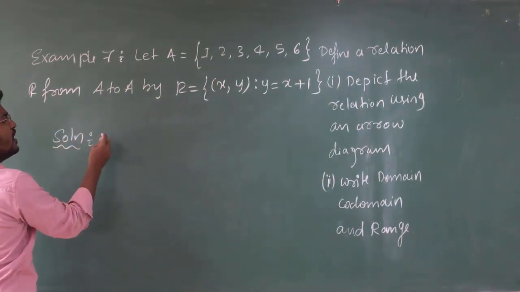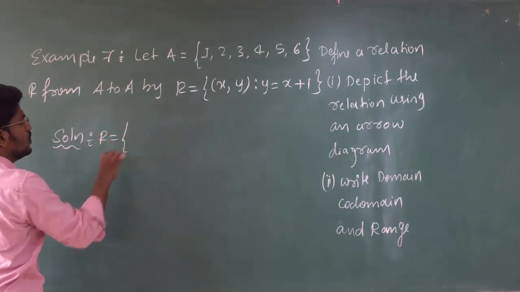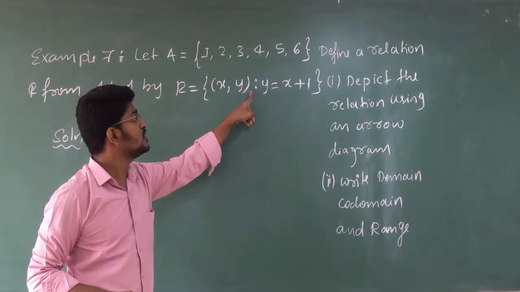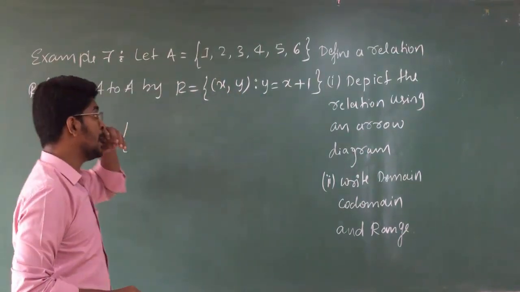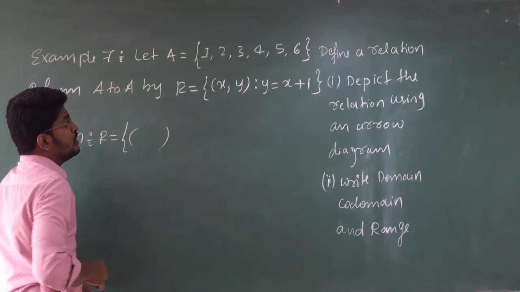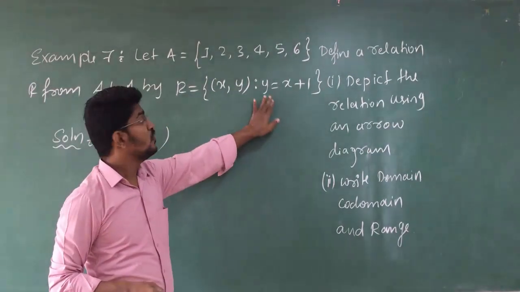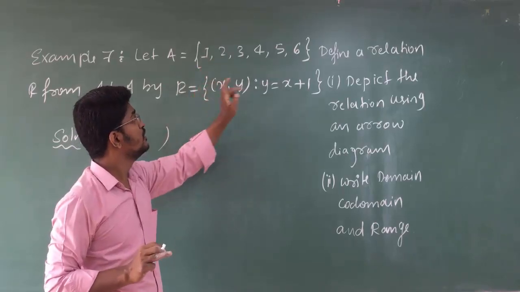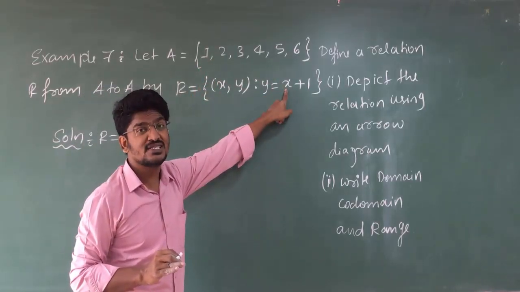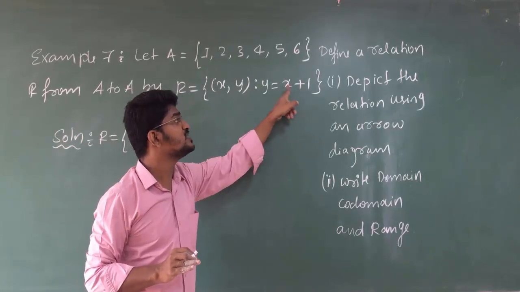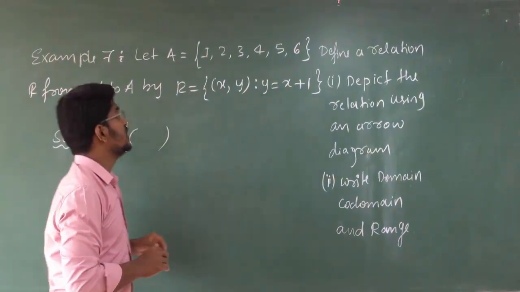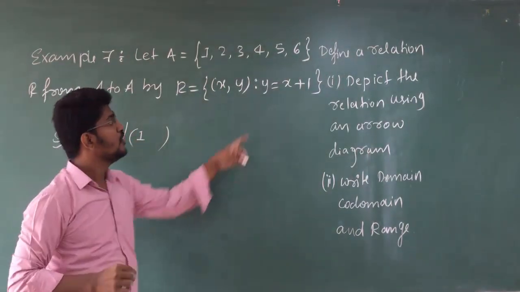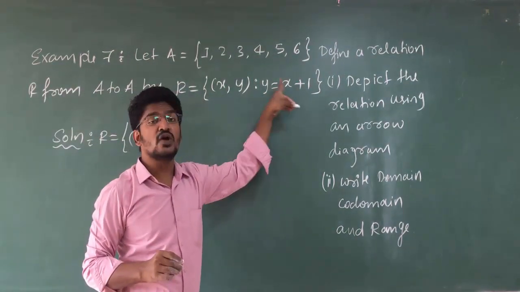First you simplify R equals the ordered pairs (x, y) such that y equals x plus 1. What is the first element? 1. If I write 1 in the place of x, y will be 1 plus 1, which is 2.